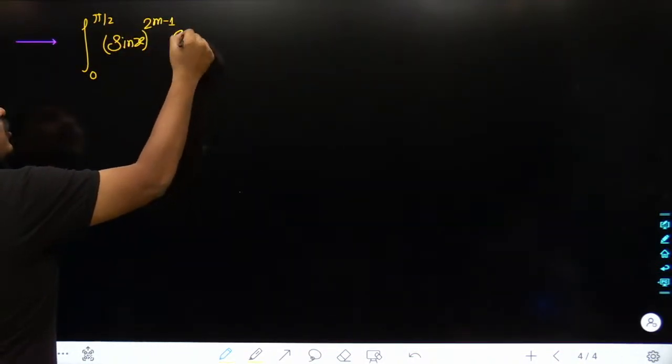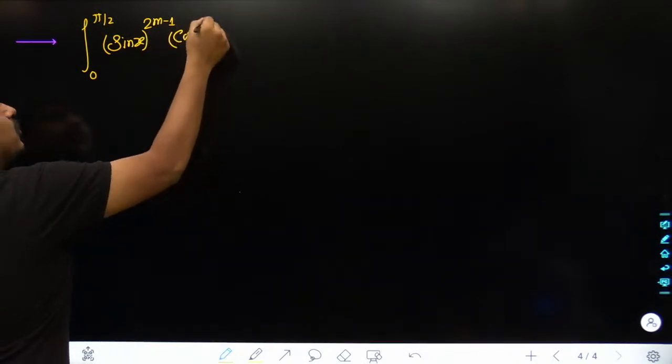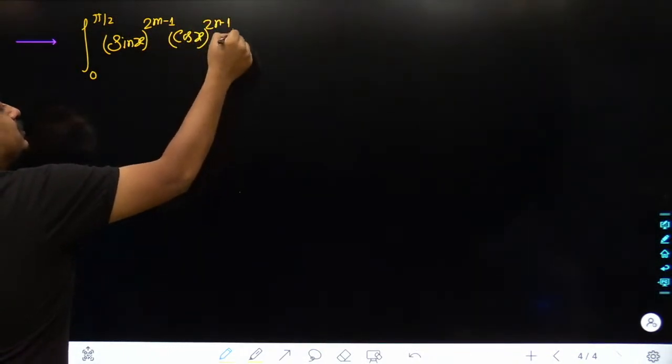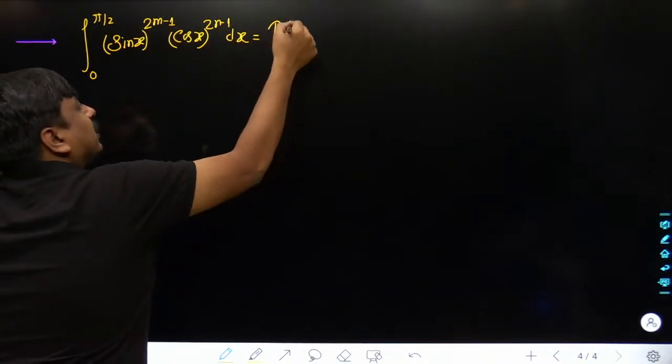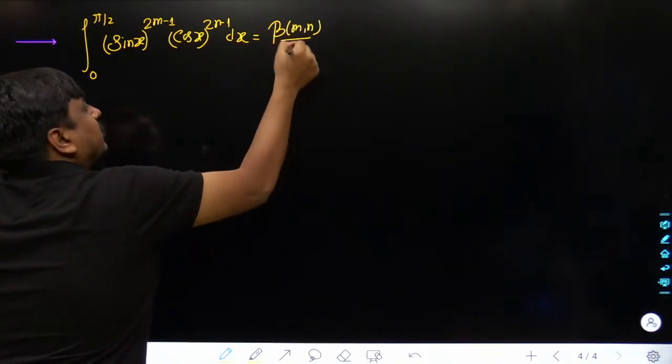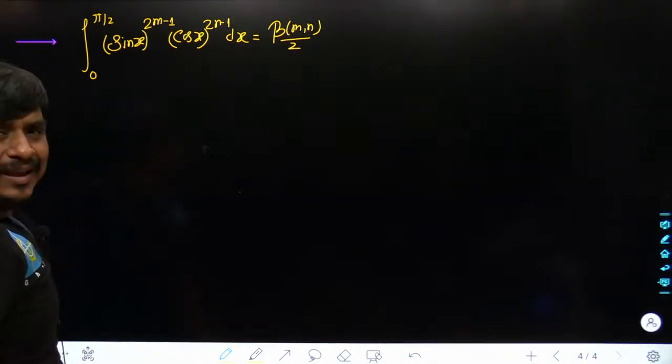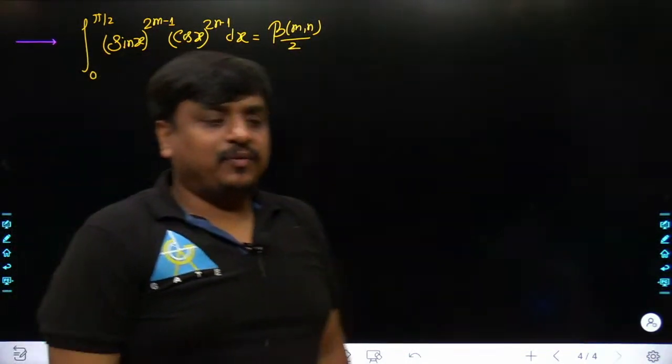And similarly cos x raised to the power of 2n minus 1 dx is equal to beta m comma n divided by 2, where the beta m comma n can be expressed with the help of gammas.